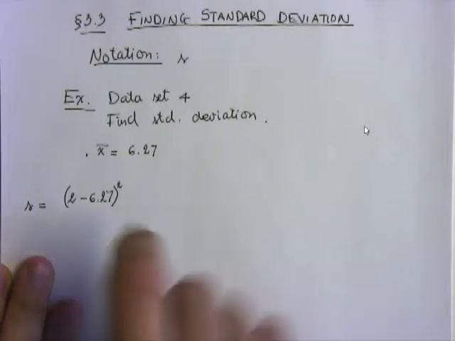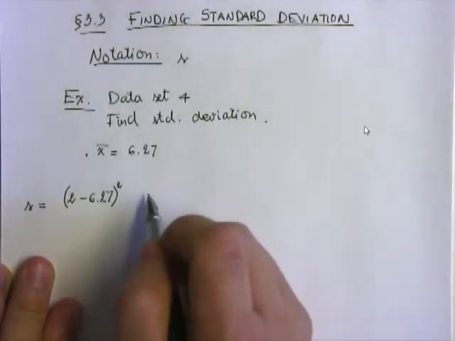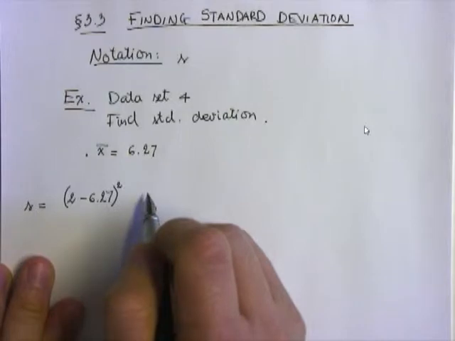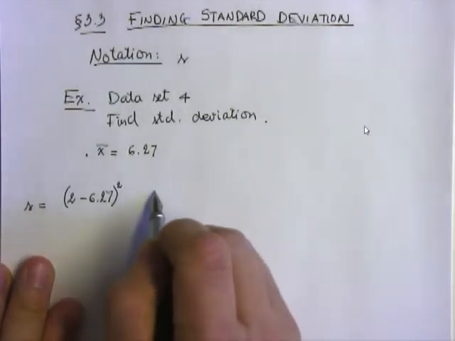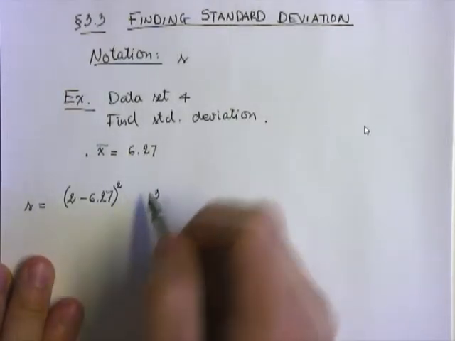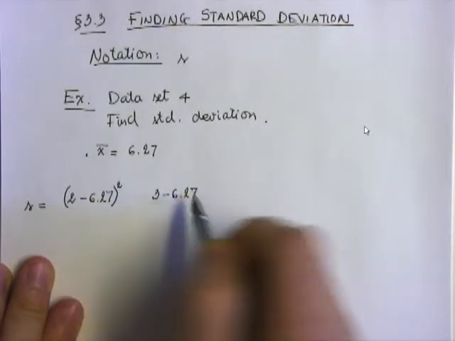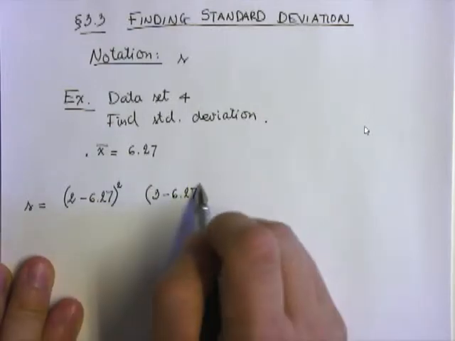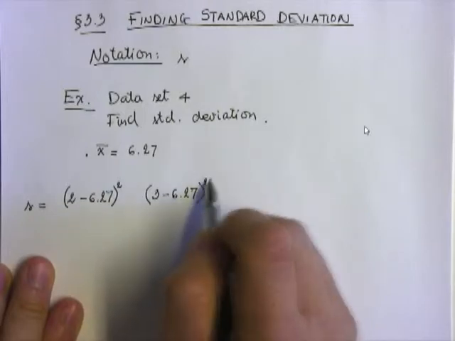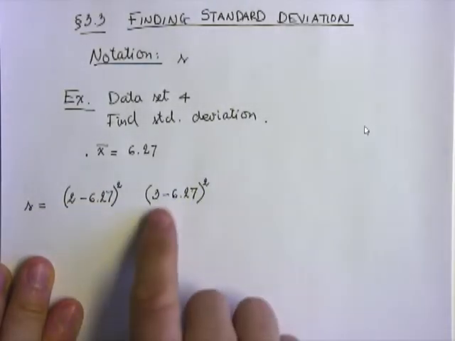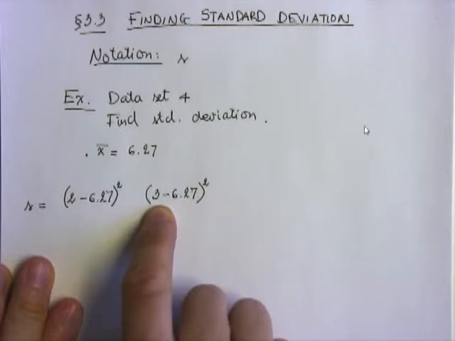Then I'm going to look over to the next distinct data value on the list, and that would be 3. I'm going to subtract again the mean value, 6.27, and square that difference. And this time, how many 3s do I have?